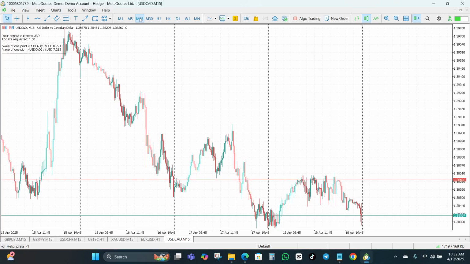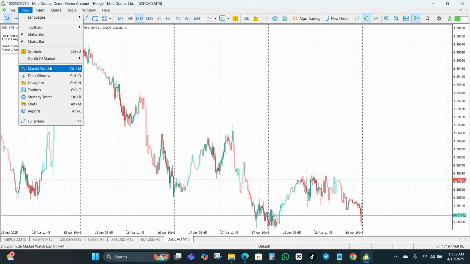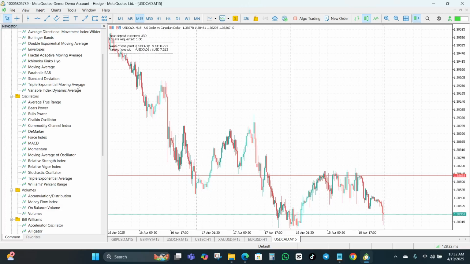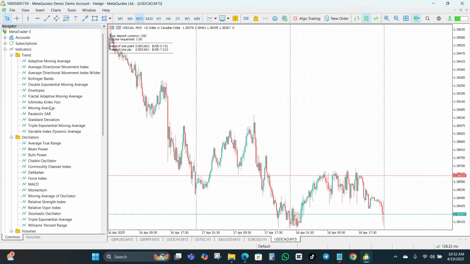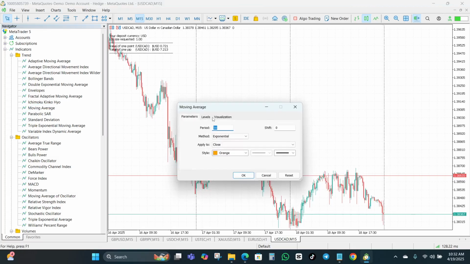The first indicator we want to discuss is the moving average. The first scalping weapon you need is the exponential moving average, to be precise, especially the 9 EMA and the 21 EMA.